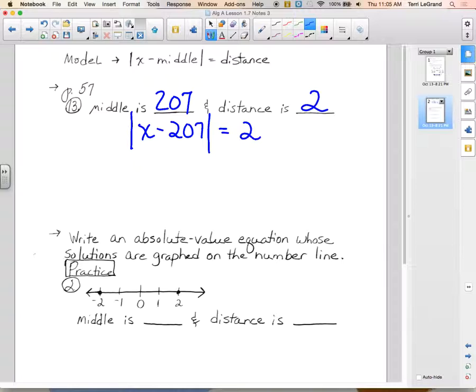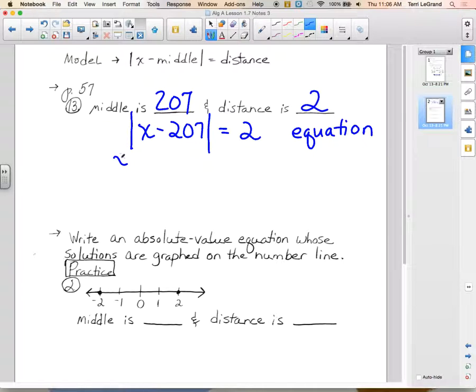This is our equation, okay? Now we're going to solve it, and what is not in our solving step? Aurora? Absolute value bars. Yes, we don't have absolute value bars in our solving step. So how many solutions are there when it's set equal to a positive number? 2.